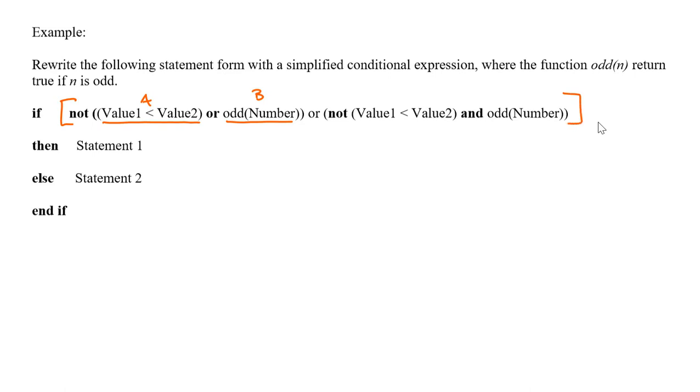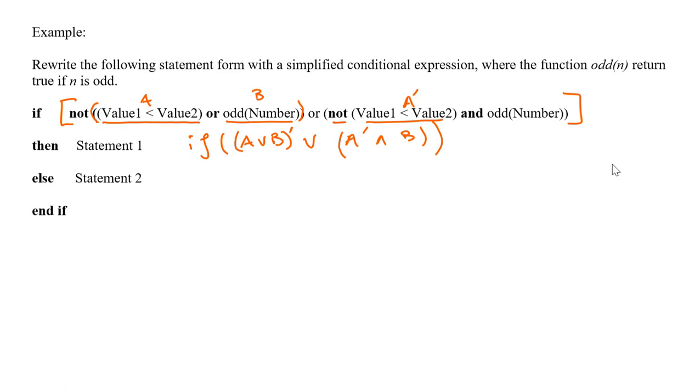So not, what we have is, it says basically not (A or B), because this not is for the whole thing, A or B, or not A, so again this is A, but we have not A, and B. So this is the statement that we have there inside the condition. So how can we simplify this condition here?